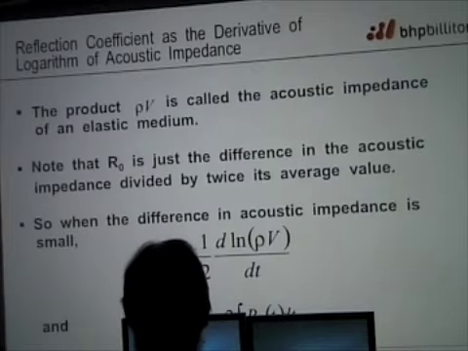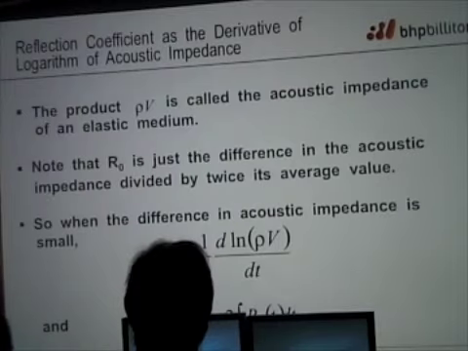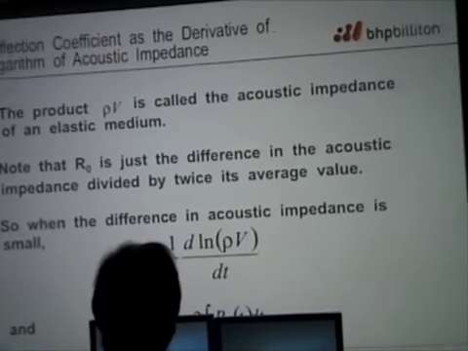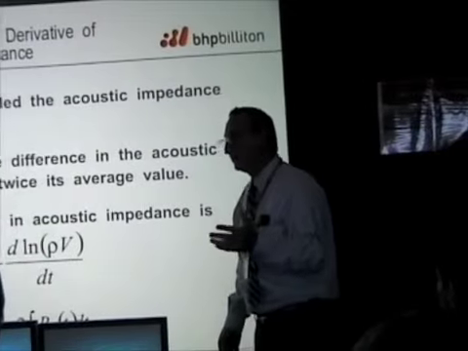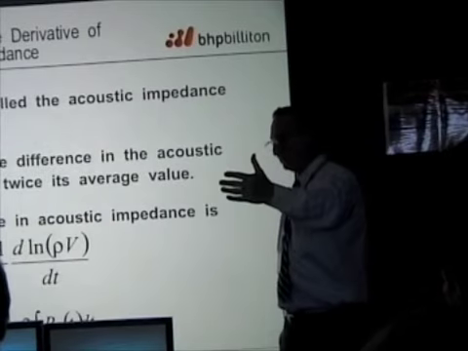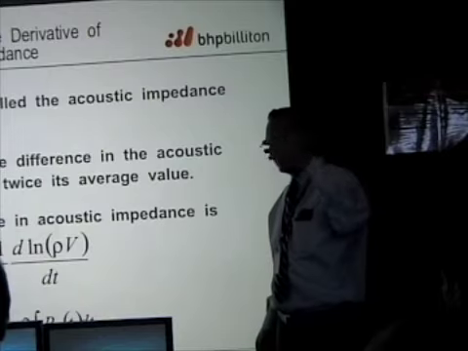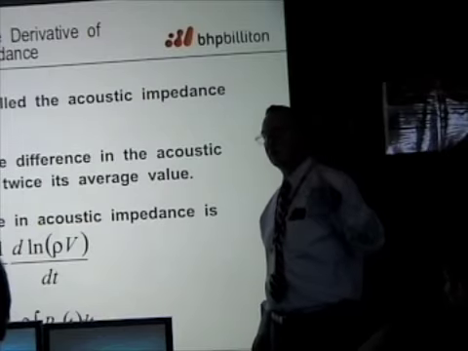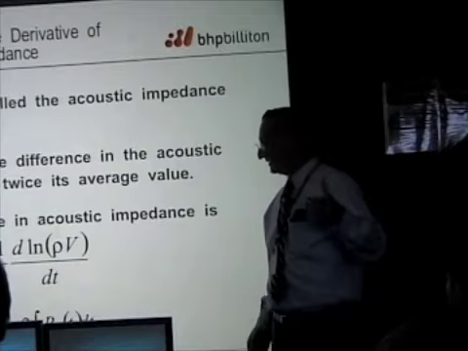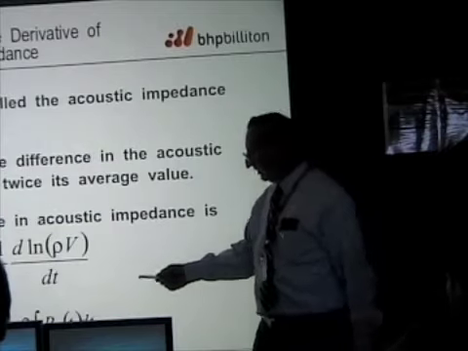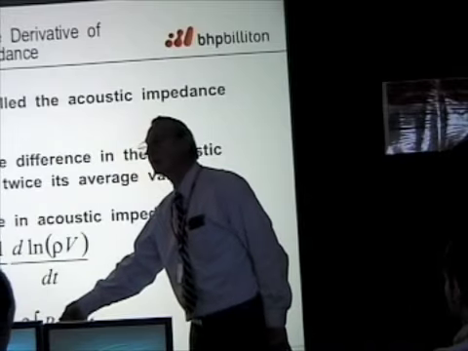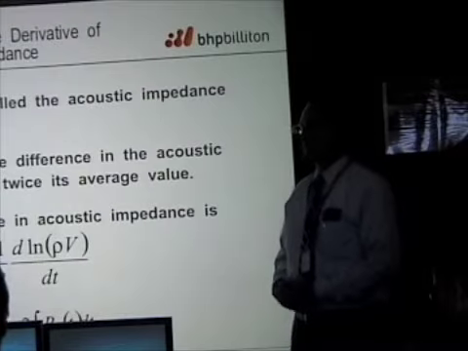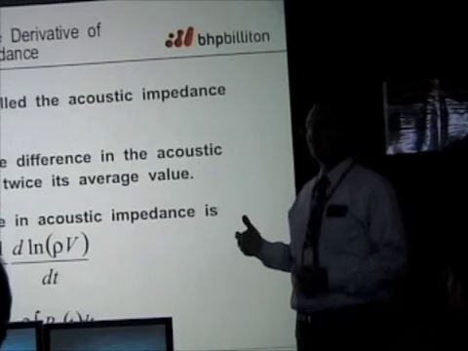Why is that useful? Well, you guys have all looked at logs. You got a density log, you got a velocity log. You're used to looking at what a log is like. And you know that in certain stratigraphy, the velocities, the transit times, and the densities will show the difference between different lithologies. So when you perform this operation on a seismic trace, what you get is something that looks like a log.